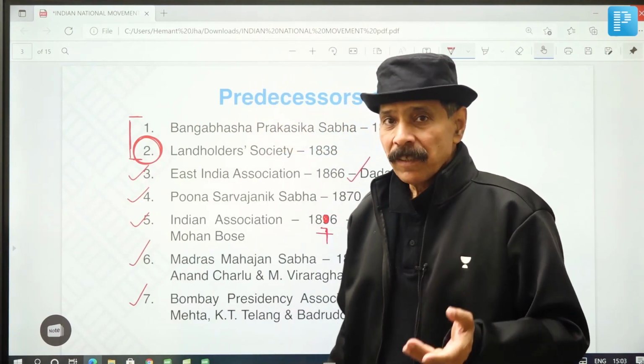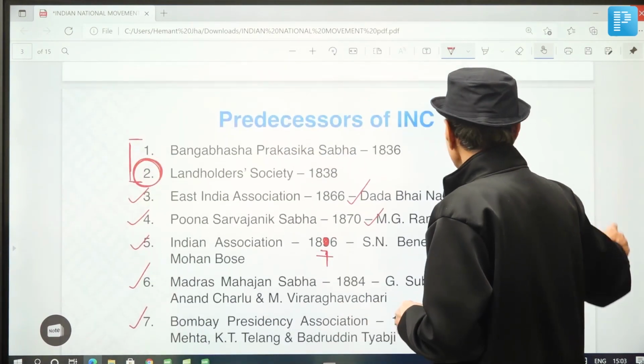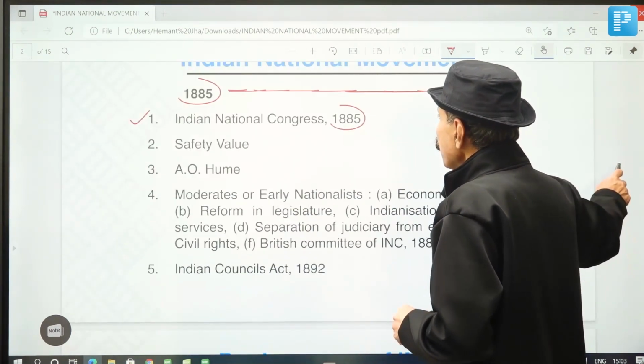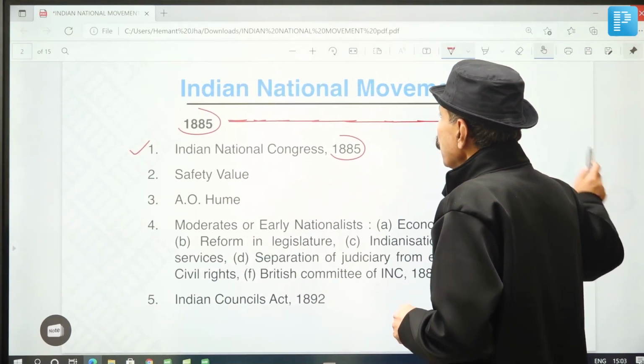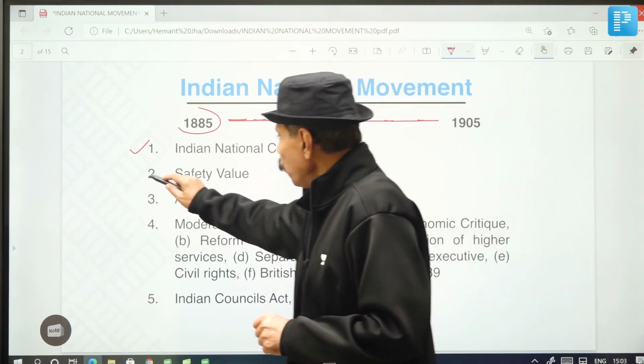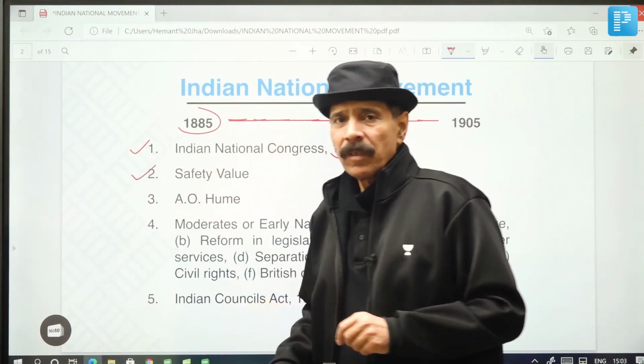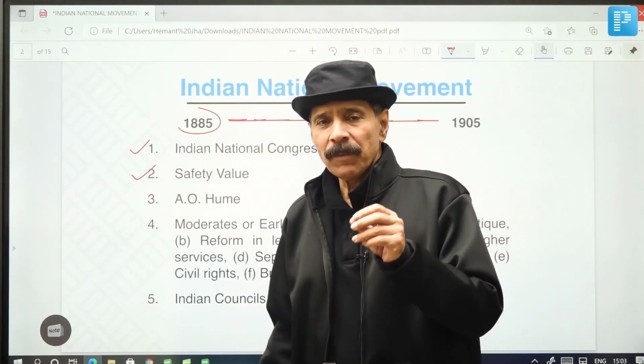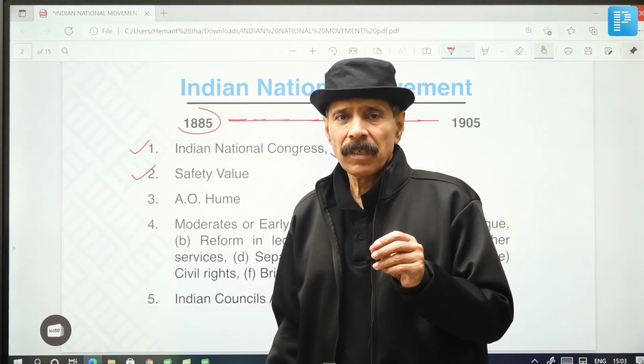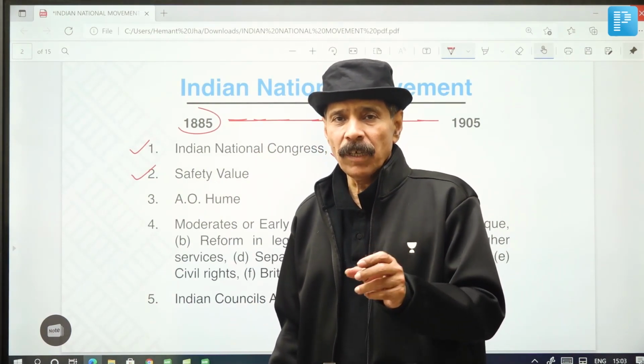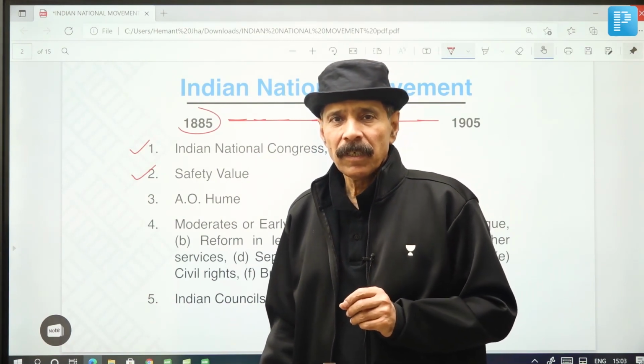Now let's consider the next point. So the next point is the safety valve. You should remember that the safety valve theory is associated with the foundation of the Indian National Congress.